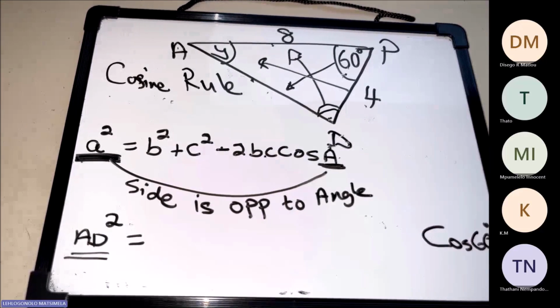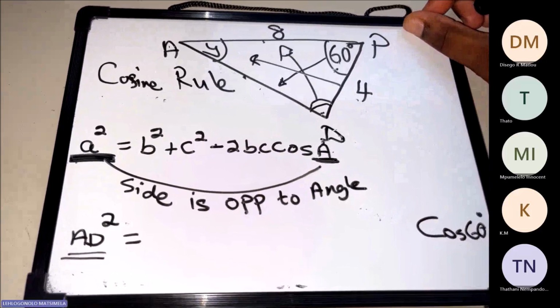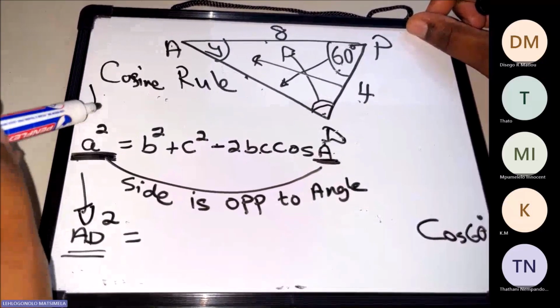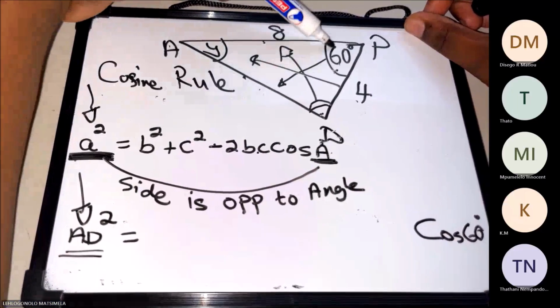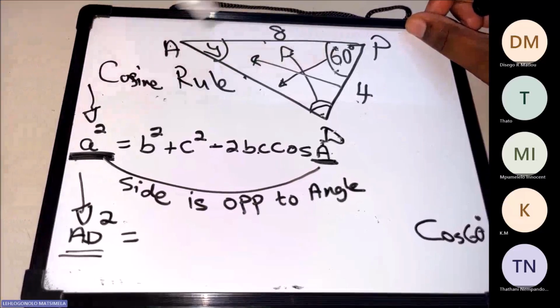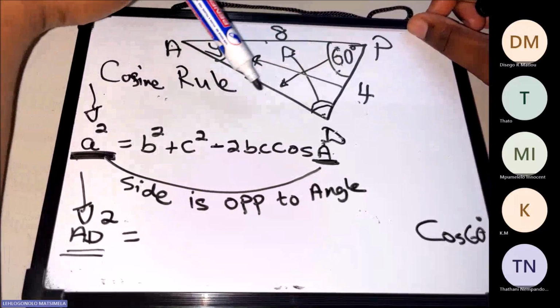So what does this tell me and you? Be careful that when you choose the side you put here, make sure there's an angle known. Or if you are looking for that angle, make sure that the side you put here is the side opposite to that angle.